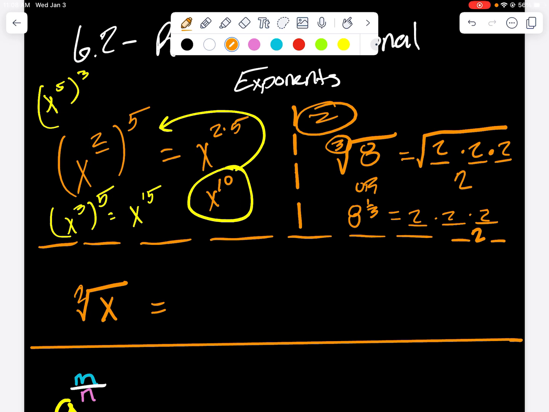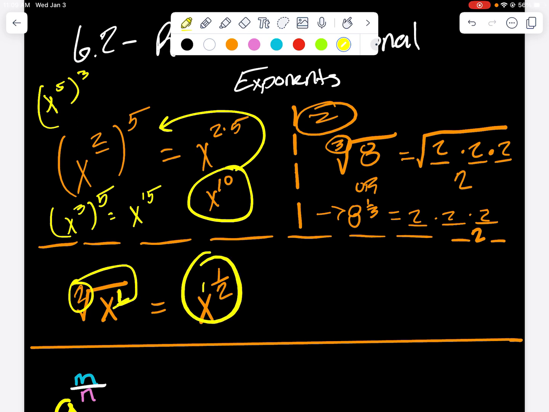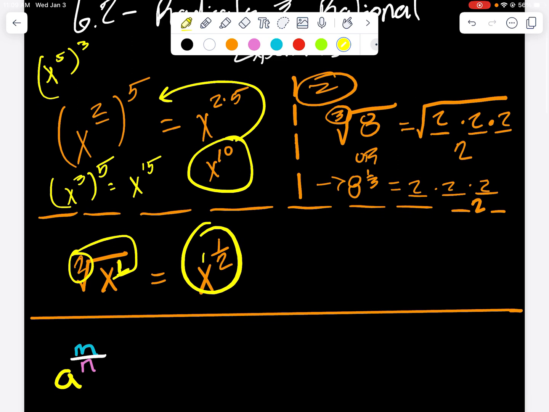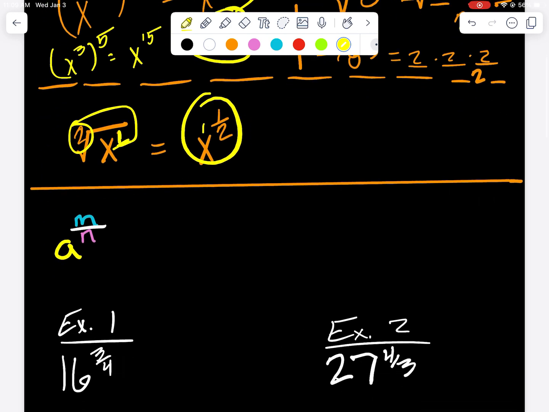Just like the cube root of 8 is the same thing as 8 to the 1/3, the square root of x is the same thing as x to the 1/2. Those two things are the exact same. There's a little 1 right here that we don't write but is there. There's a 2 here. We put the 2 under the 1, x to the 1/2. So if you got those 3 facts, then we'll refer back to those. Those will be helpful for today.